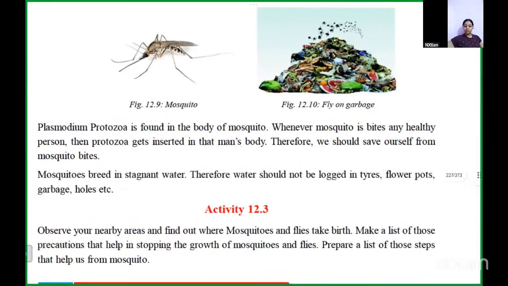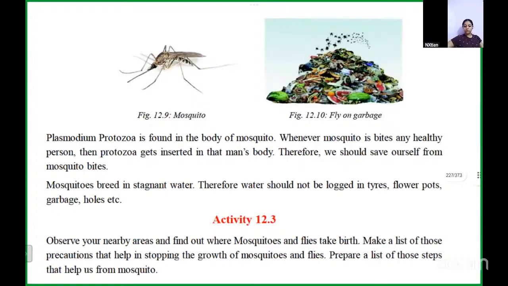Then Plasmodium protozoa is found in the body of the mosquito. Whenever a mosquito bites any healthy person, the protozoa gets inserted in that person's body. Therefore, we should save ourselves from mosquito bites. In the rainy season especially, we should avoid going to places where there are a lot of mosquitoes without any precaution, like corner places or places close to water.